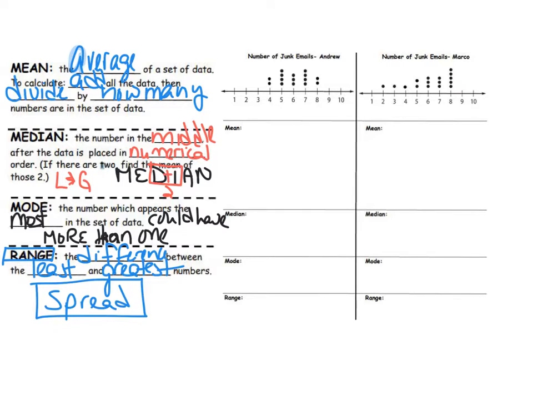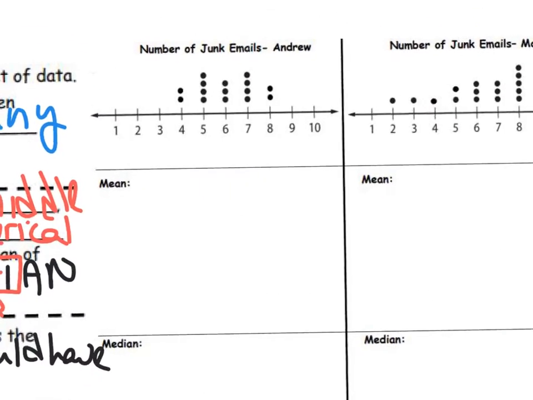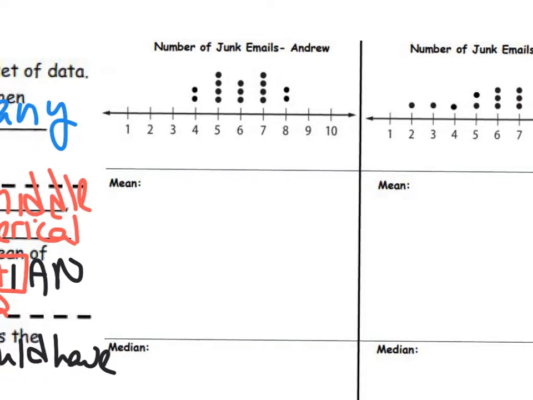Okay, so what we're going to do now is we're actually going to solve each of those, mean, median, mode, and range for the dot plot. So I'm going to go ahead and start with the mean. Now I'm going to do all of Andrew's data and then all of Marco's data.